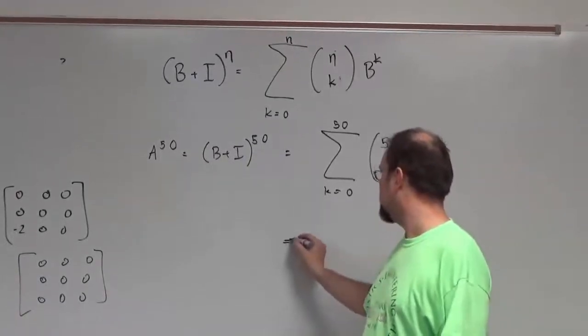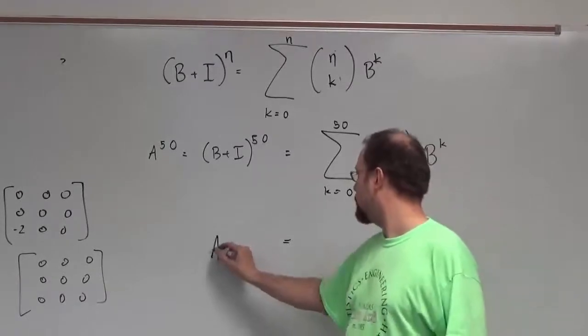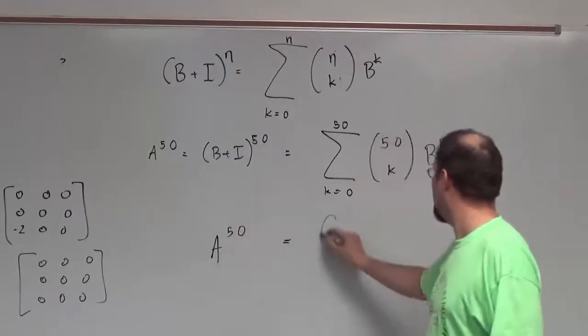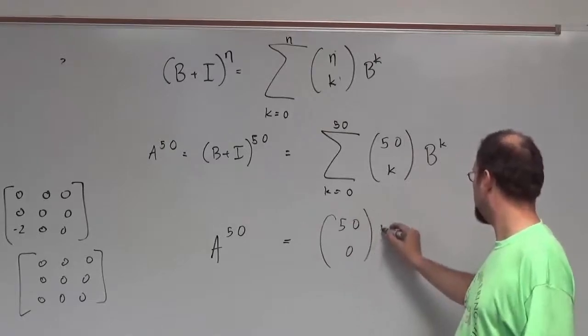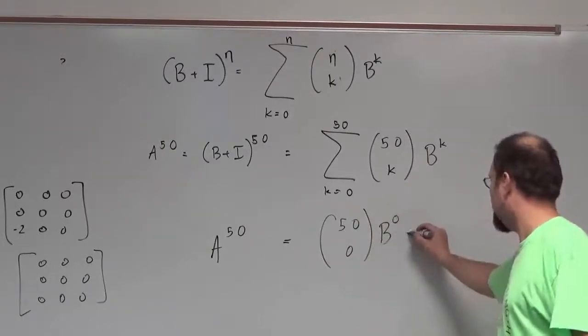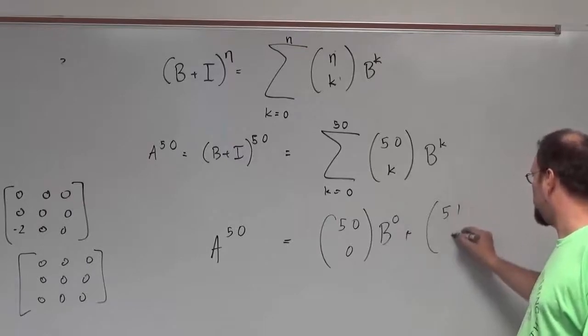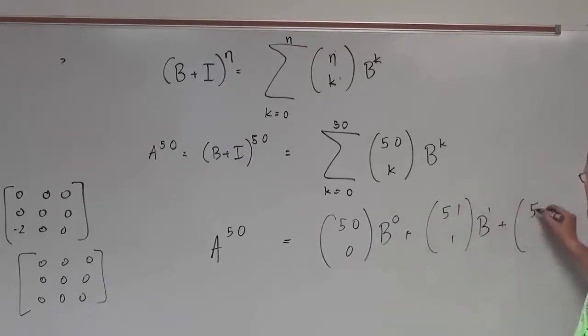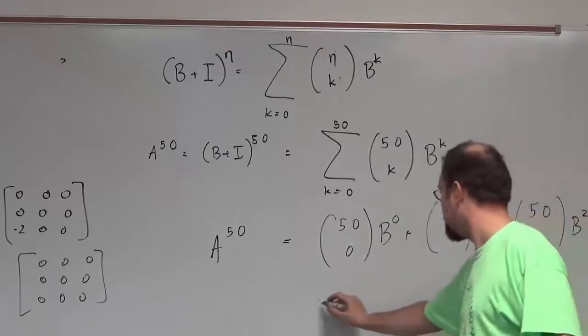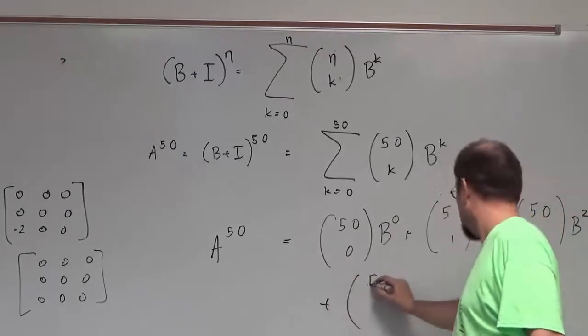And let's write out a few of these. So you have when k is 0, and then k is 1, k is 2, oops, and then k is 3, continuing on the next line.